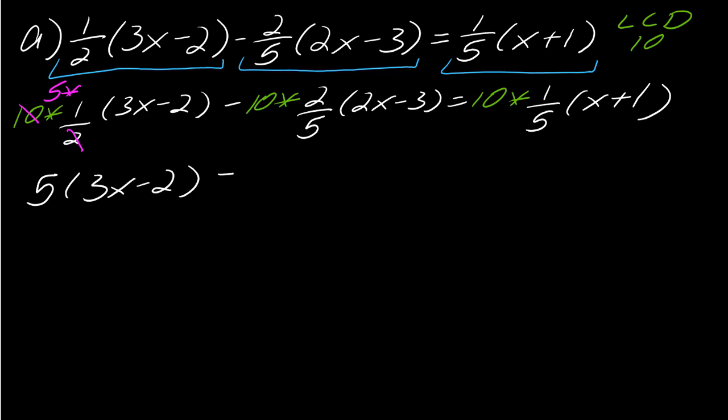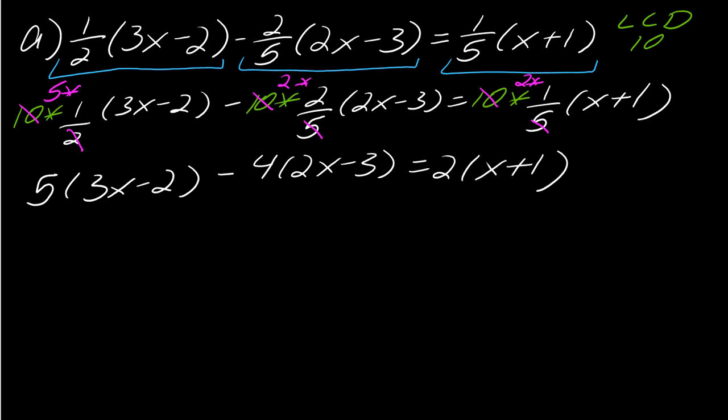Now the 5 goes into the 10 twice, so that's going to leave me with this 2 times 2 here, so that's 4, and then I leave the 2x minus 3 intact. And this last one, 5 goes into 10 twice, so I've got the 2 times the 1, so that's 2, and then x plus 1.